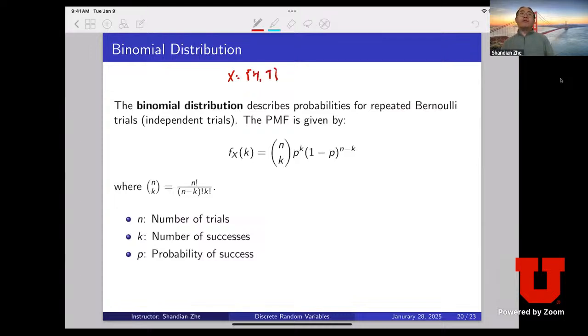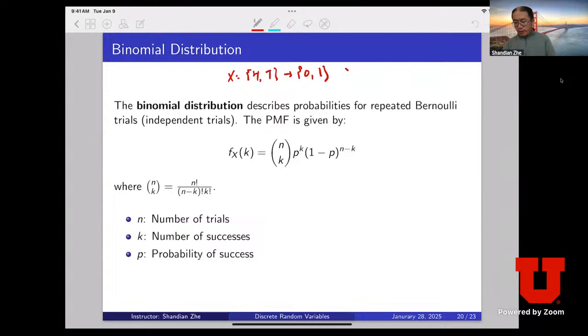And then the random variable underlying the Bernoulli distribution, we mentioned that the random variable is a mapping, right? A mapping from the sample space to a real number. So this mapping for Bernoulli random variable just takes two possible values, 0 or 1, right?